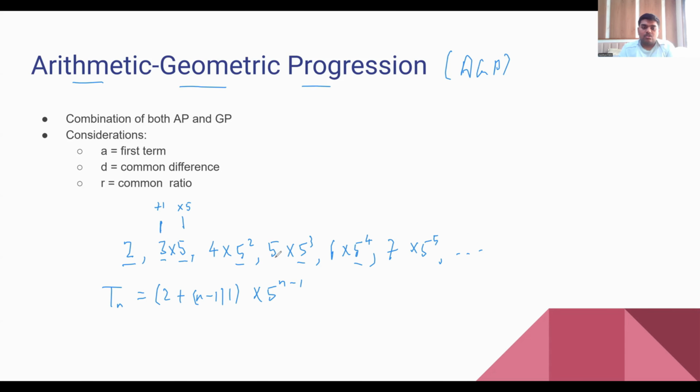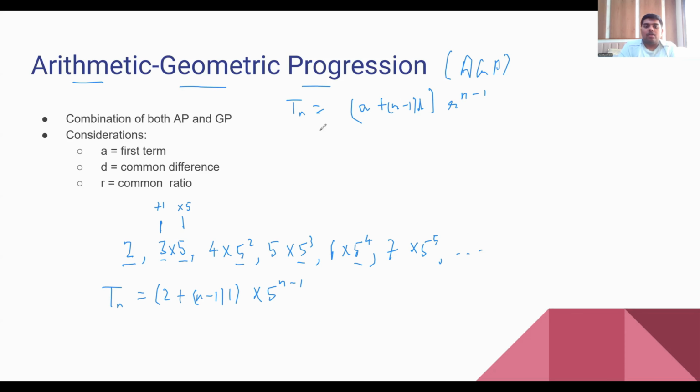So the formula of the nth term of the AGP is a plus n minus 1 into d into r to the power n minus 1.